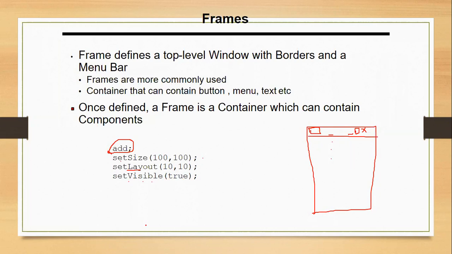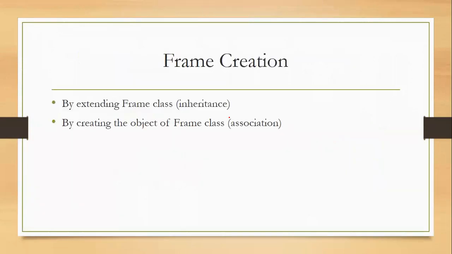Okay, so before we go into programming of how to create a frame, you have to learn two more things. How to create a frame. There are two ways in which you can create a frame. One is you can either create it through inheritance, or you can create it via an association.